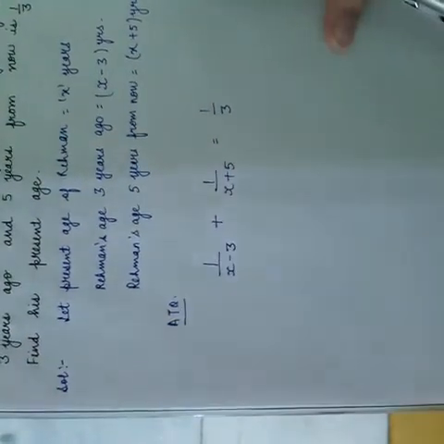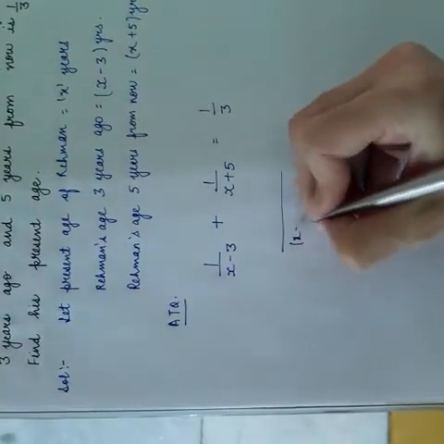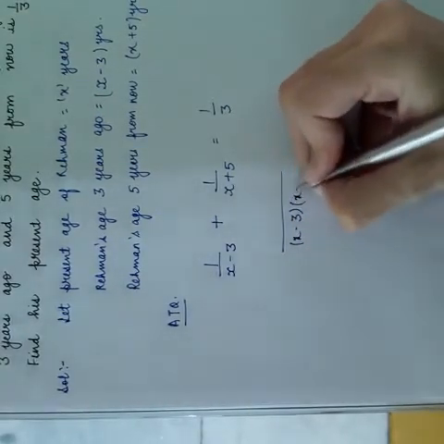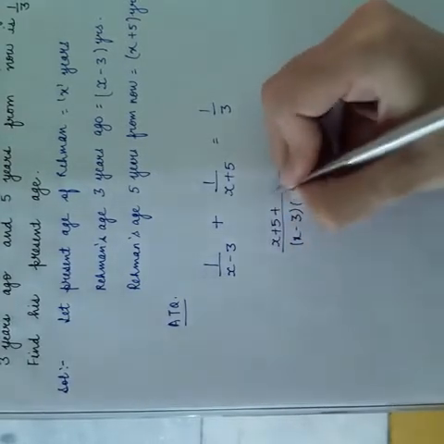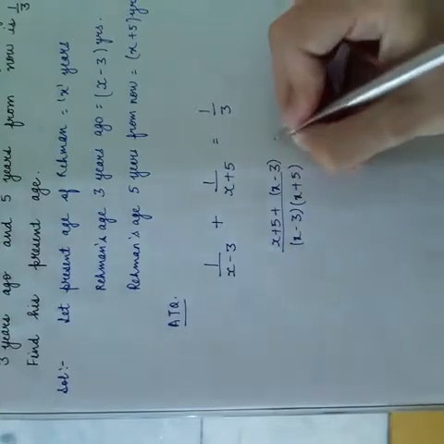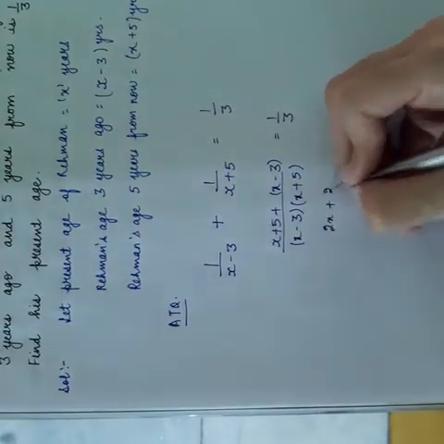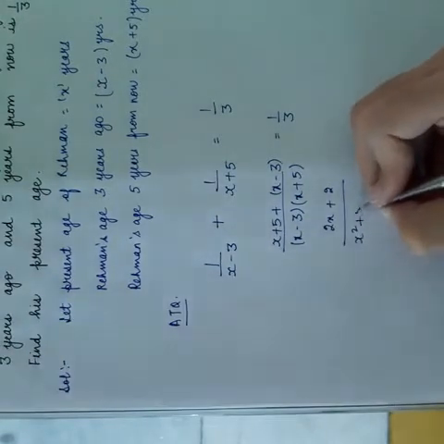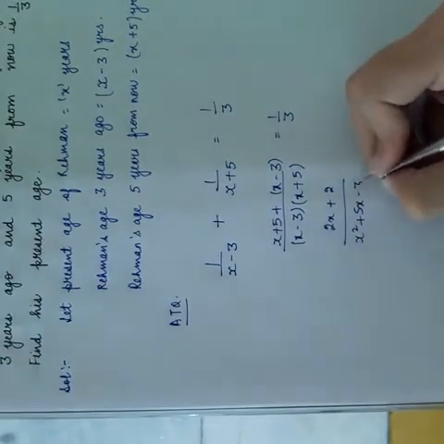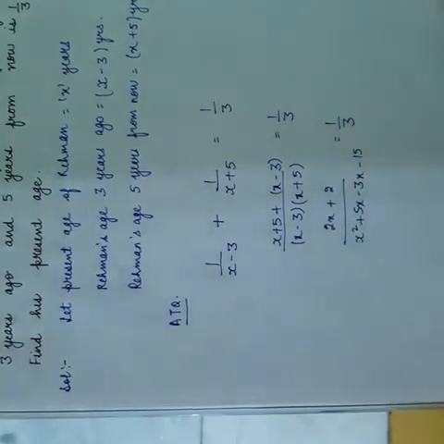Now you will simplify this to form a quadratic equation. Just take LCM. We'll have (x minus 3)(x plus 5), that gives you x plus 5 plus x minus 3 is equal to 1 by 3. It becomes 2x plus 2 over x square plus 5x minus 3x minus 15 equals 1 by 3.